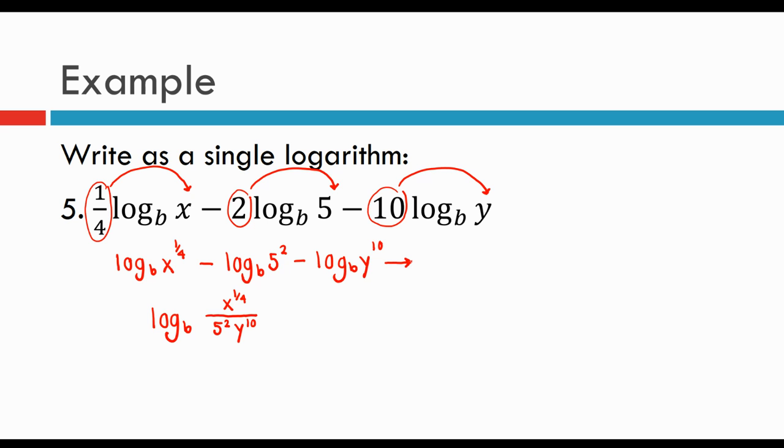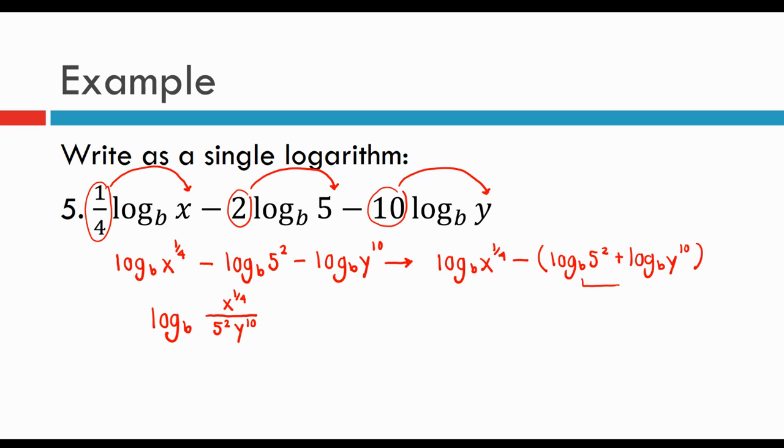Before you get to that, if you wanted to make it a little bit easier, maybe notice that I could take out the negative sign from both of those terms. Then you'd have log base b of 5 squared, and then that would turn to plus log base b of y to the 10th.